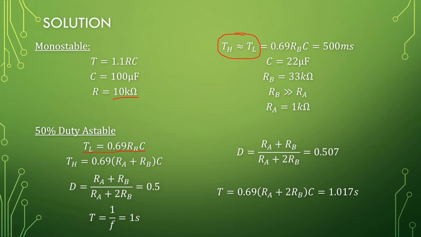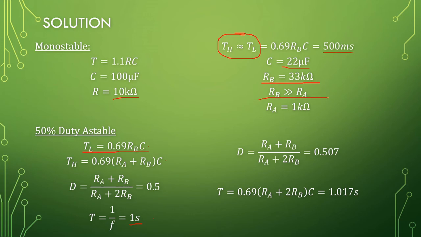So let's start with the time low equation and say that that is 500 milliseconds. If we want a 1 hertz astable, our period will also be 1 second. So with a 22 microfarad capacitor available, resistor B will be 53 kilo ohms.